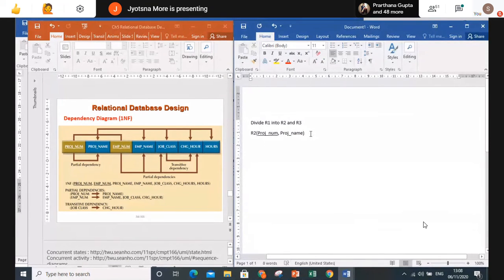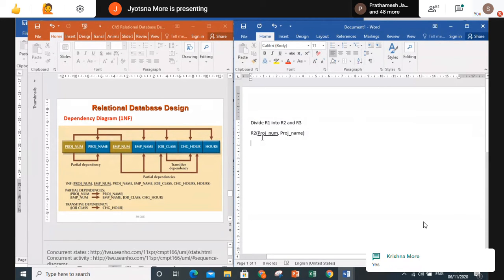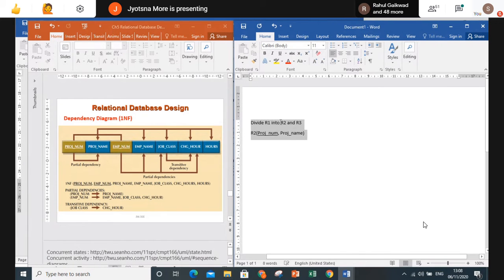Okay, fine. So we have divided R1, and R2 is one part because we have done project number determines project name, but the remaining things are there in R1, which we have to keep ahead, right? So R3 will be whatever is left. Key attributes you have to consider everywhere; you cannot separate them. So the remaining things are employee number, then project number.